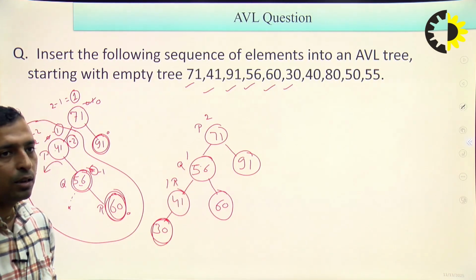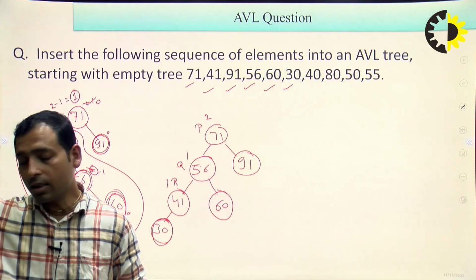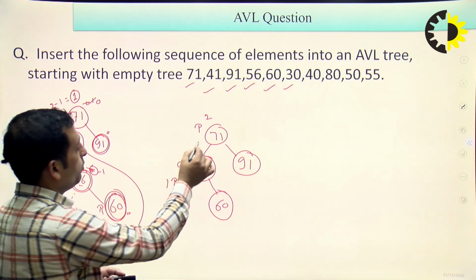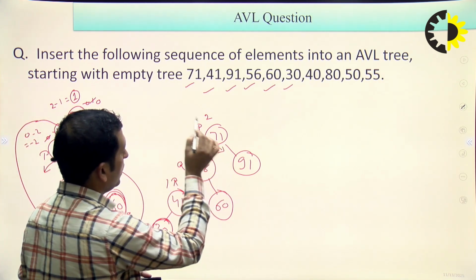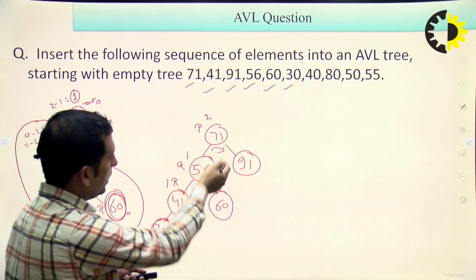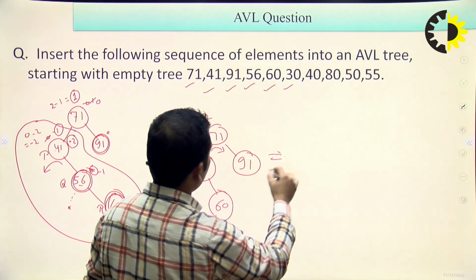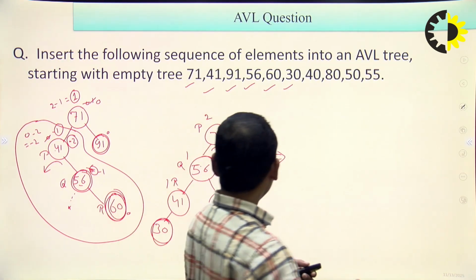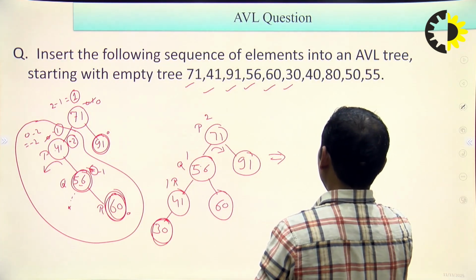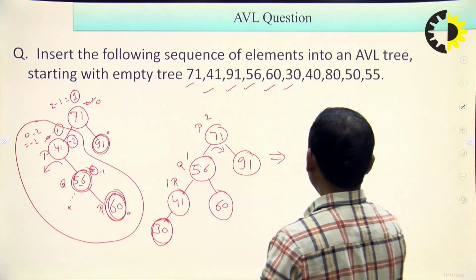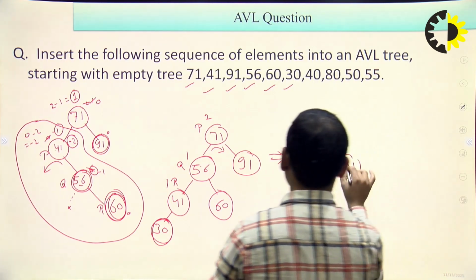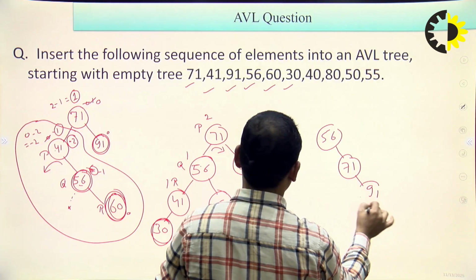How many rotations? 1 rotation is required at the point P. In which direction? In the right direction. So, if we move in the right direction, then we will get 56 upside, 71, then 91, no problem.